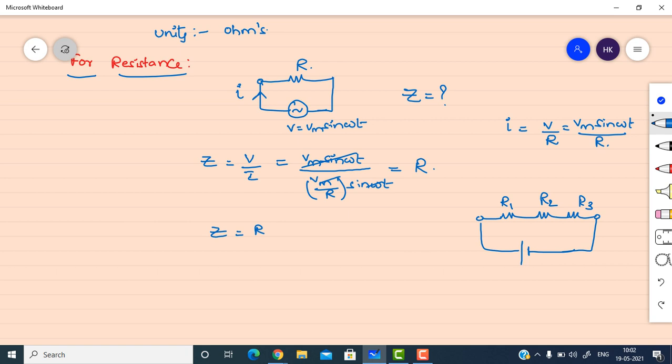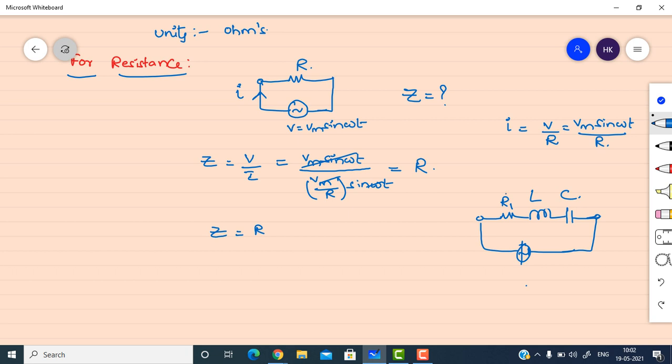But in case of AC circuits, if one resistor, one inductor and one capacitor are there, then how can we add R plus L plus C? We can't add those.